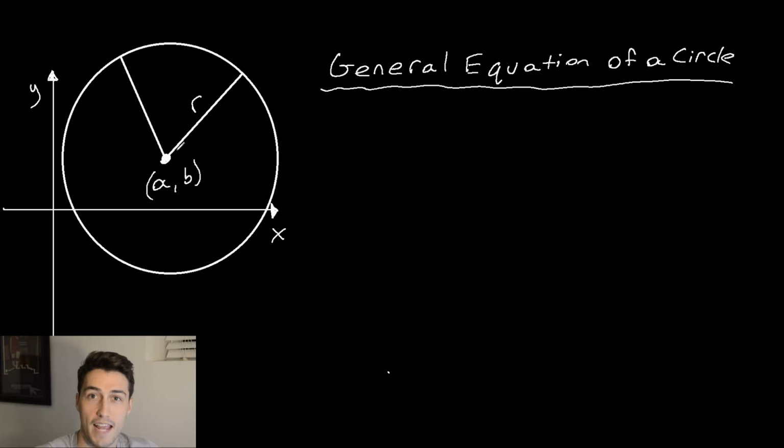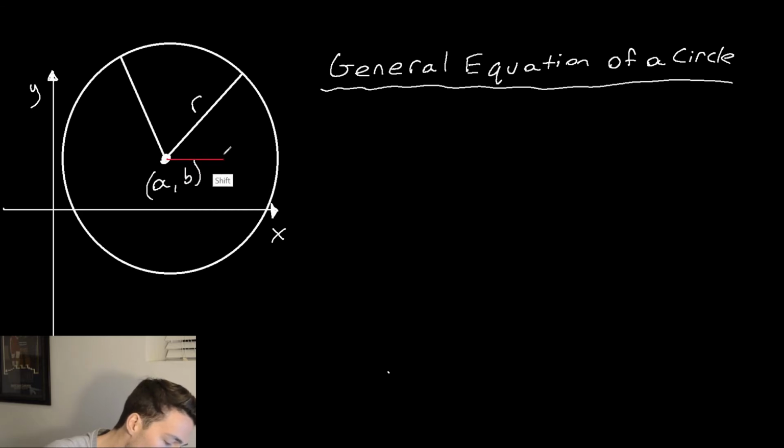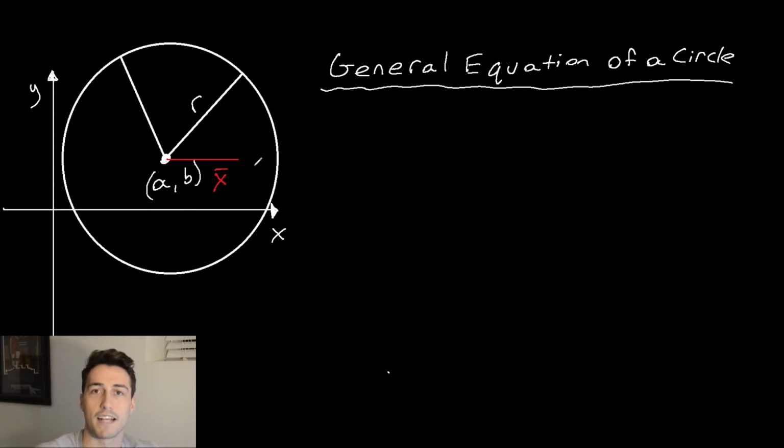Now, the length of the line, or the radius, can be expressed as the distance of a line or a segment. So what I'm going to do is draw this line right here in red, and I'm going to say that is our x bar, or the length of this line in the x direction. And then I'm going to draw a line, and we're going to call it y bar.